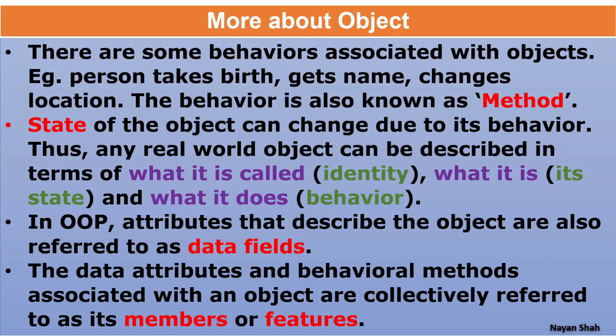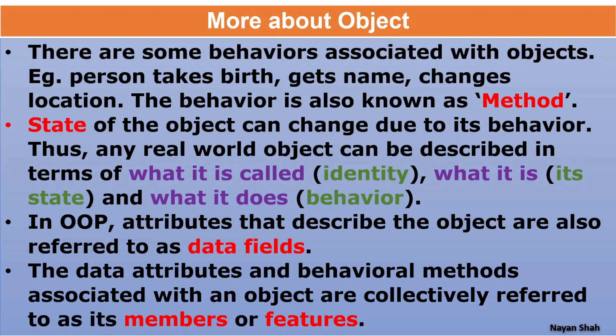So we can call them attributes, and we can call them data fields also. The data attributes and behavioral methods associated with an object are collectively referred to as its members or features. So the attributes and methods of any particular object together are known as members or features. Remember all these terminologies.